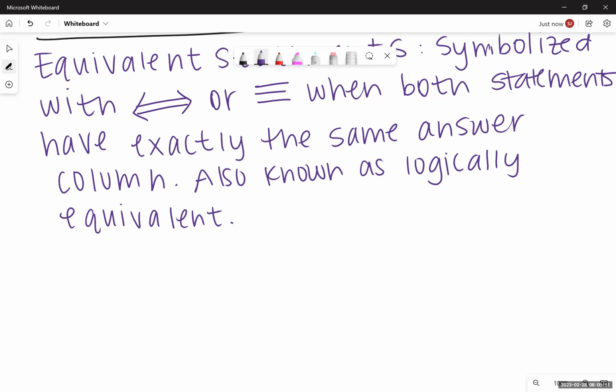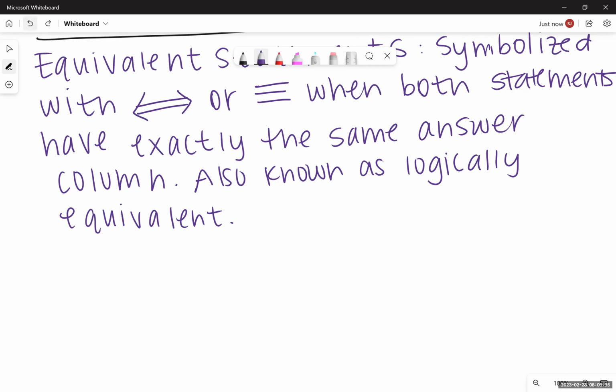So the answer columns are exactly the same. There's no difference in them at all. Those are the 2 symbols that you could use. If the exam says, are these 2 statements logically equivalent? You could write the statement, the symbol, and then the other statement. That would be you telling me that, yes, they are equivalent. That's how you could use those symbols.